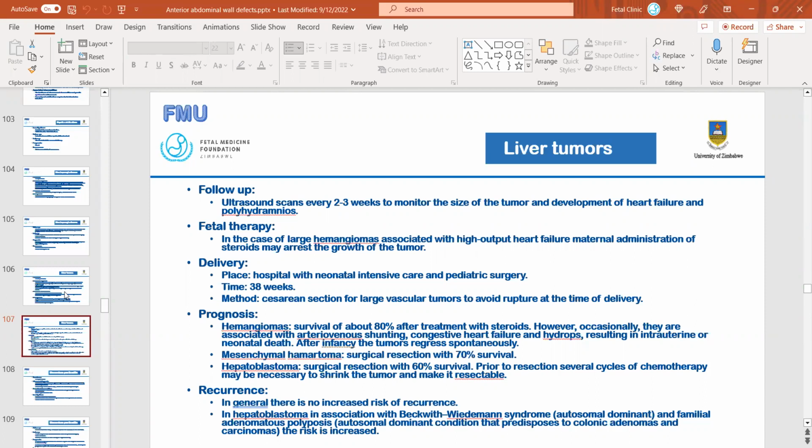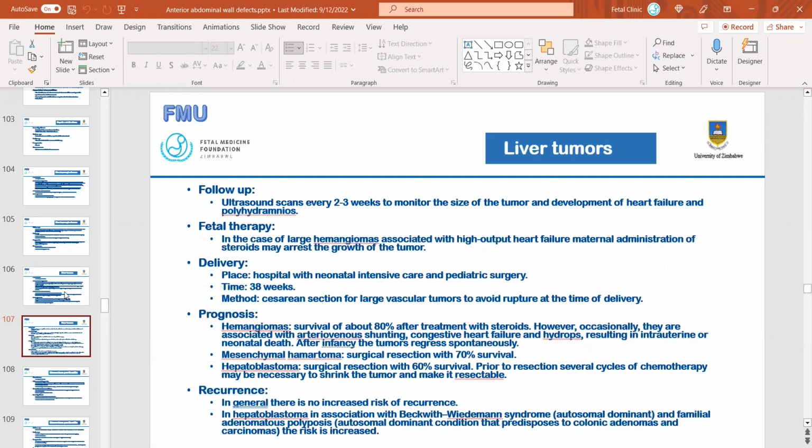After infancy, the tumors regress spontaneously. For mesenchymal hamartomas, surgical resection with survival in about 70%, while for the hepatoblastoma, surgical resection with 60% survival. Prior to resection, several cycles of chemotherapy may be required to shrink the tumor.